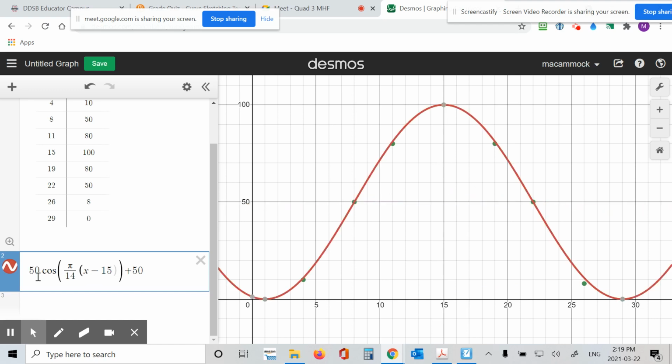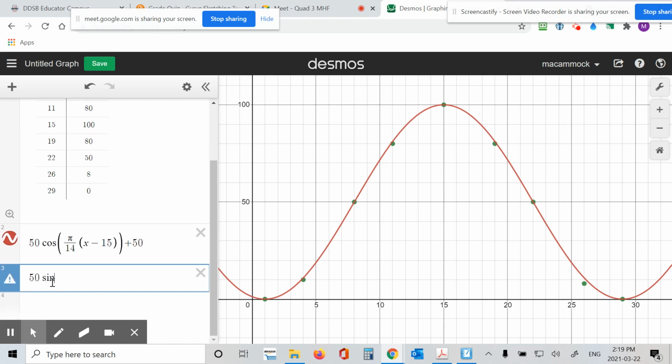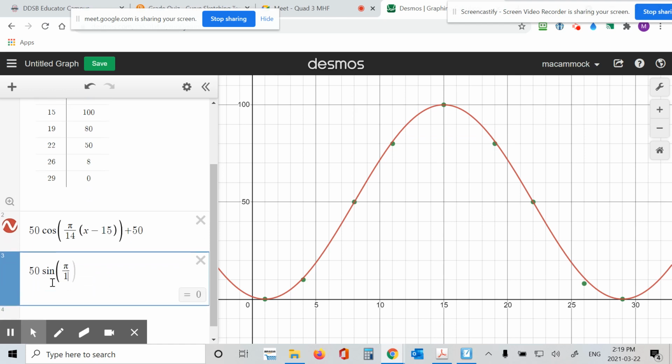So 50. Okay. And I'm going to put in my sine function as well, right? I'm going to open up a space below that and put my sine function in. So we said that the sine function was 50, and then sine pi, just put the word pi. Yeah, that's how I got that pi divided by 14.